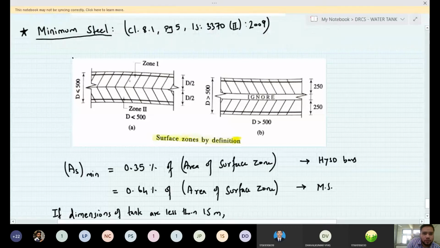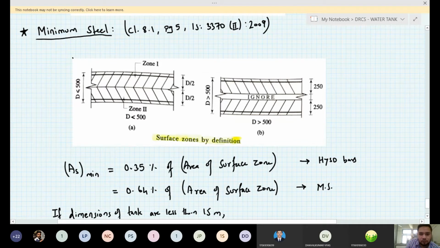Okay, so this is the surface zone area, and you have to provide the amount of reinforcement within this zone. In the same way, this d by 2 area is the surface zone.